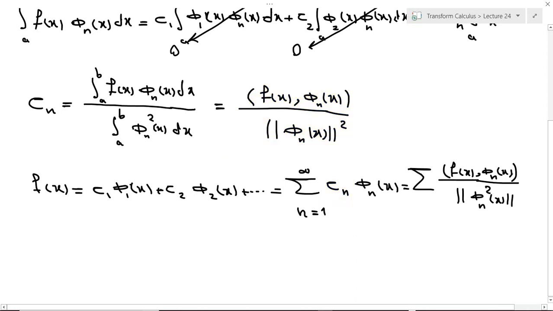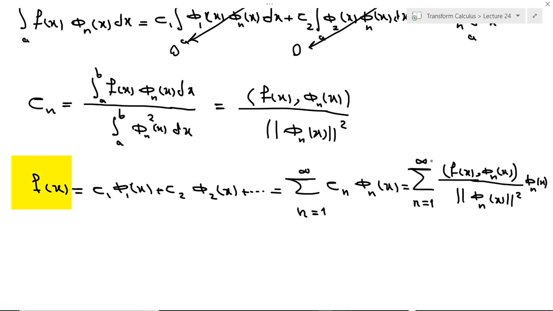In fact, sorry, it's the magnitude of phi n(x) squared. So this is cn times phi n(x), with n from 1 to infinity. In fact, we could represent one arbitrary function like f(x) in terms of functions of one orthogonal set.